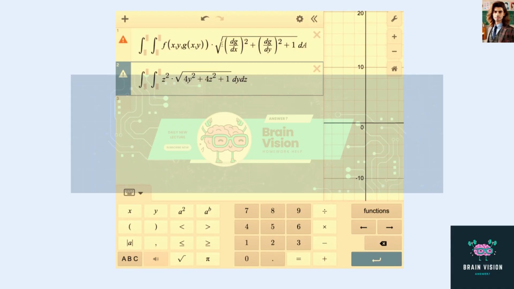So because of that, z squared will now be r squared sine squared theta. And then 4y squared plus 4z squared plus 1 will just be 1 plus 4r squared. And then outside of this, we'll have r dr d theta.